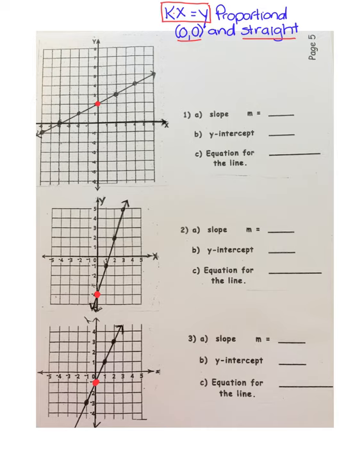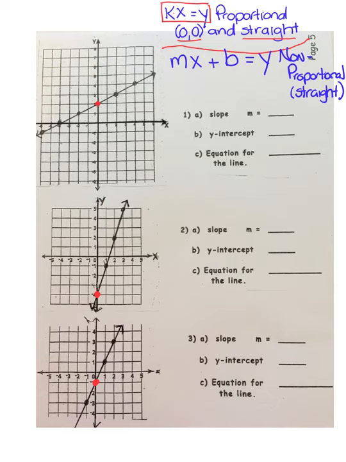And when we write the equation for this particular type of line, it should look something like this: mx plus b, or minus b, depending on the y-intercept, equals y. Now, as we discussed before, your m is your slope.